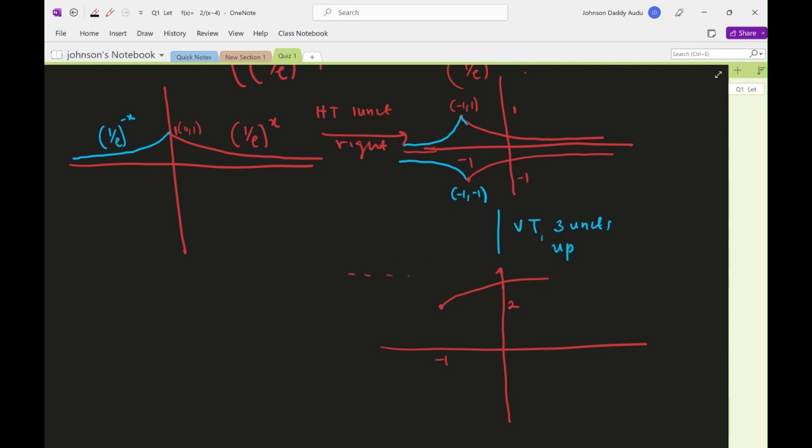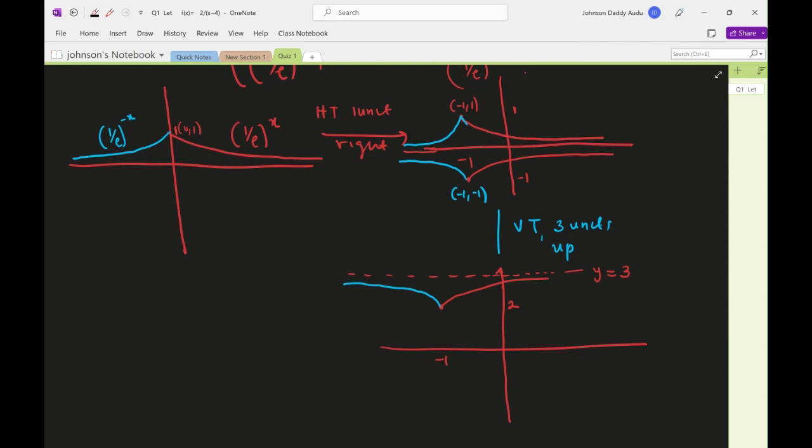And you see we still have our horizontal asymptote at y equals 3. And this other side we have similar here. It's just going to be something like this.